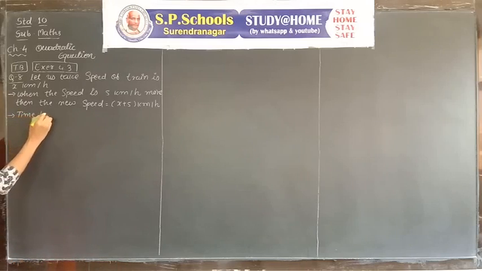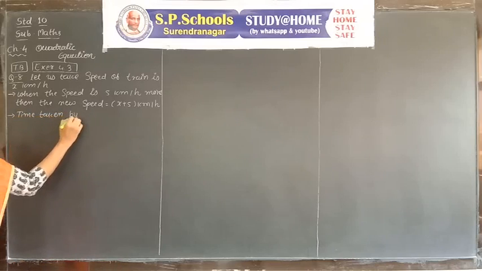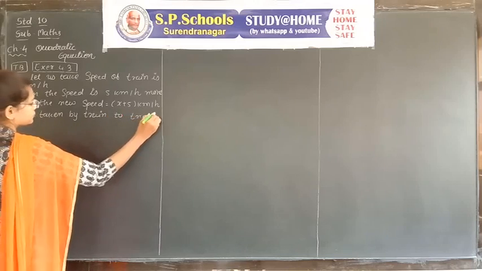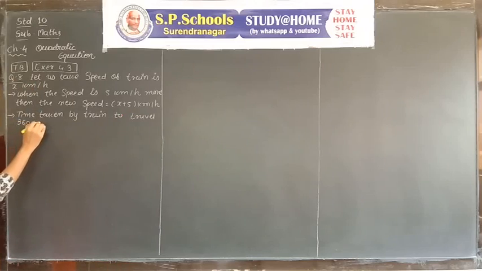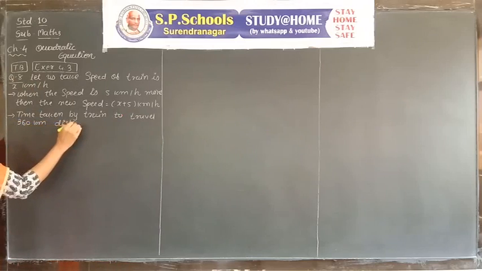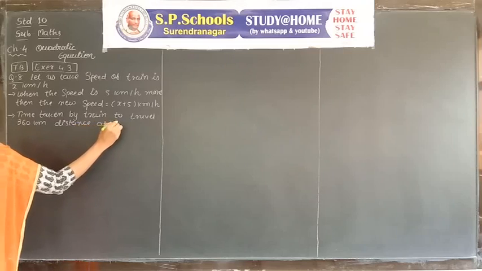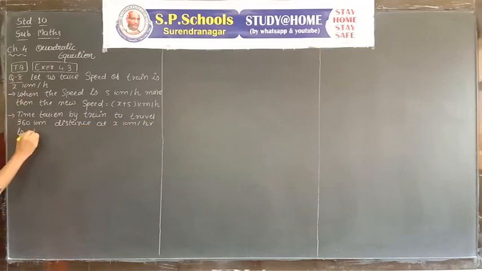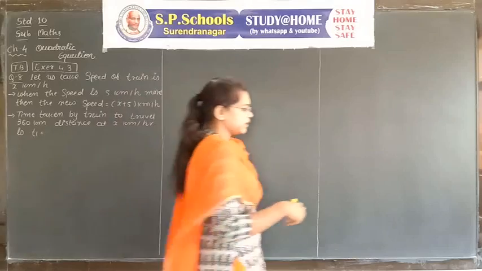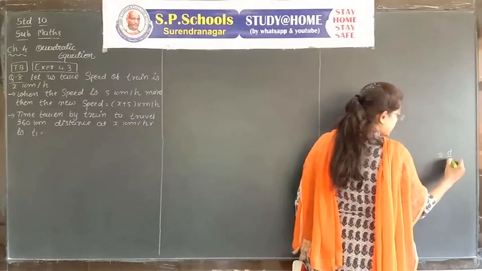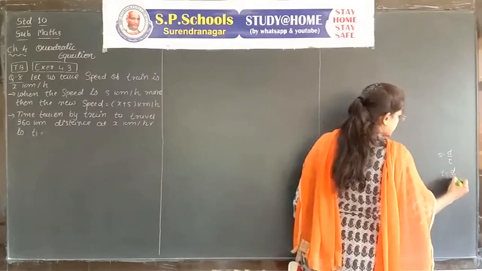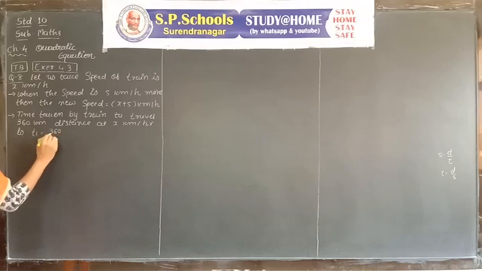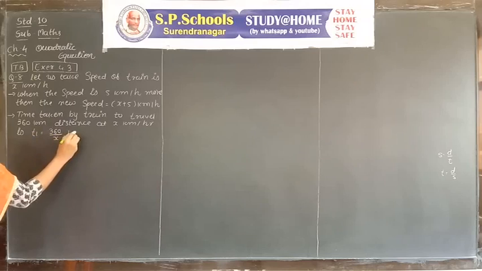The time taken by the train to travel 360 km at x km per hour, suppose t1, is equal to distance upon speed, since speed is distance upon time. So t1 is 360 upon x hours.